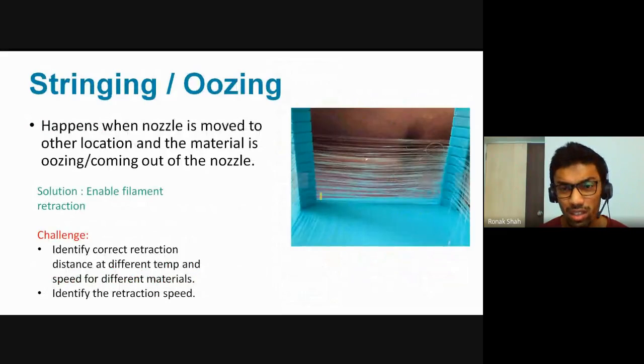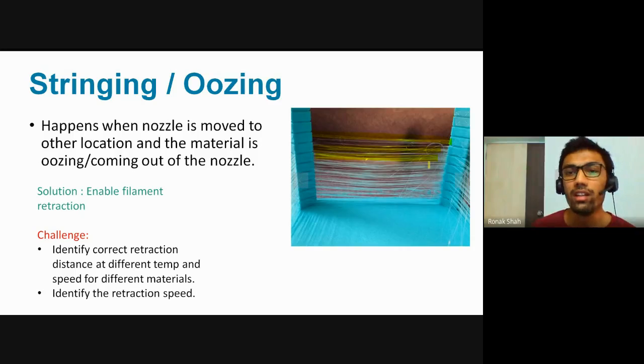Now another common issue is stringing or oozing. Here you can see in the image that these filaments are very, very thin, thinner than human hair. They are sticking to your printed objects, and this happens when the nozzle is moving from a printed zone to a non-printed zone, or a different print zone.